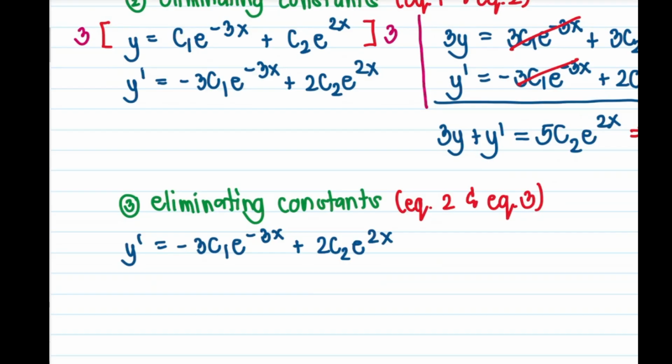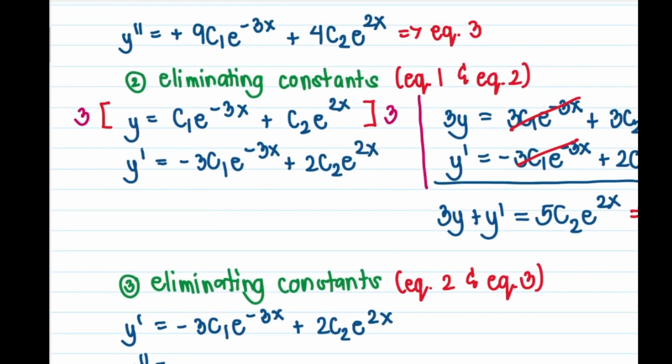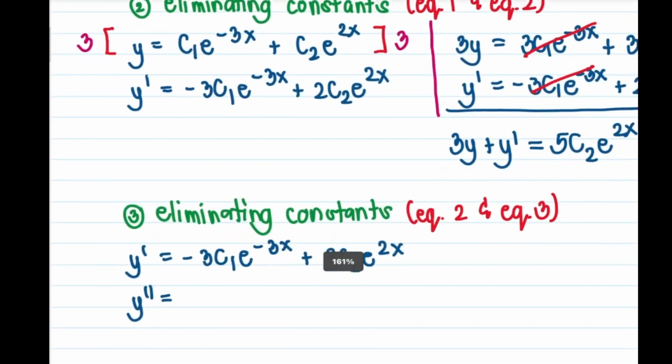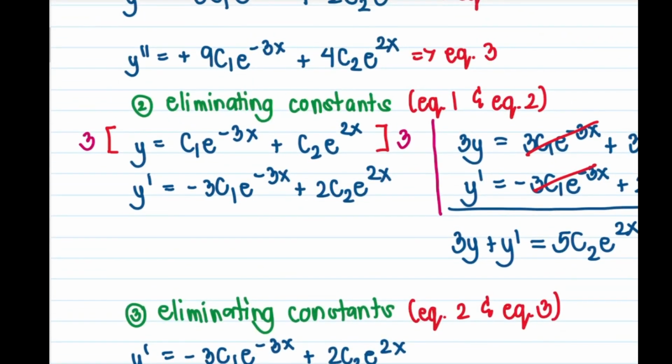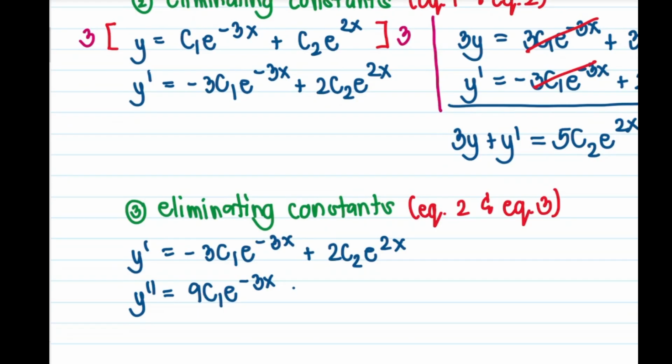So the third equation is y double prime equivalent to 9c1 e to the negative 3x, then plus 4c2 e to the 2x.